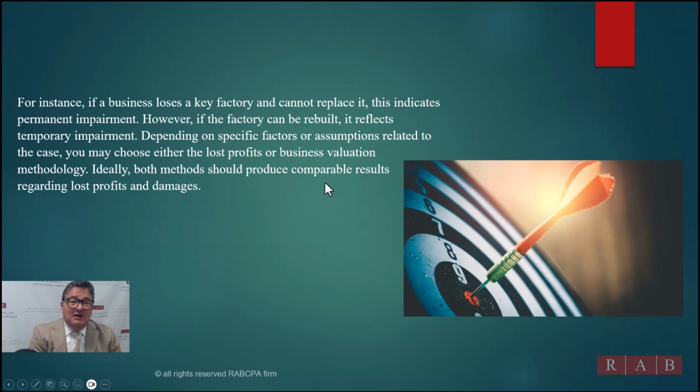So let's give a better example. Okay, let's say a big business has like 6 or 7 factories, and they lose one of the factories and they can't replace it. Okay, this is a permanent impairment, right? They can't replace it for some reason. Maybe because of regulations, you can't build in this area anymore. So we would do a valuation before with all the factories, and then after with the one not included, and you'd see the value of the loss.